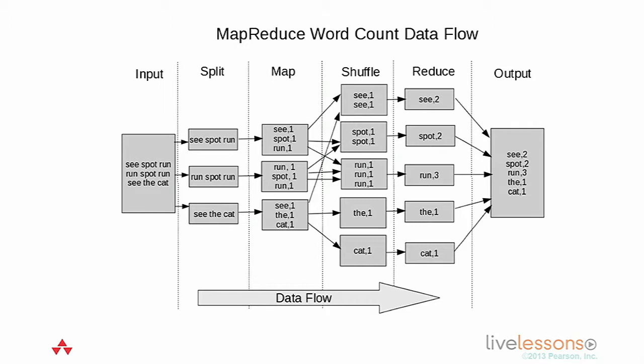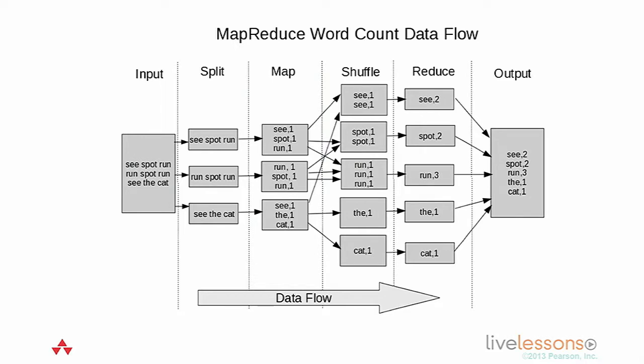Now we move over to the phase called the shuffle phase. And this is necessary because before we do the reduce, what we've got to do is take the output of the mappers and sort them according to their primary key value, which is going to be the word. So the map produced a key value pair, in this case the word and the count. And then what we need to do is collect those in the shuffle process. And this all happens transparently to the end user.